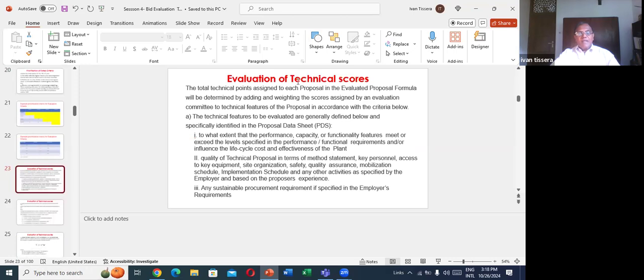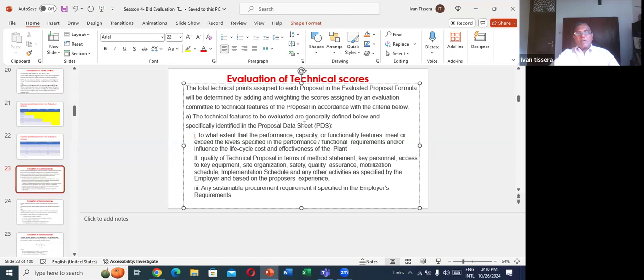Then evaluate technical scores. The total technical points assigned to each proposal in the evaluation formula will be determined by adding and weighing the scores assigned by the evaluation committee to the technical features of the proposal in accordance with the criteria below.